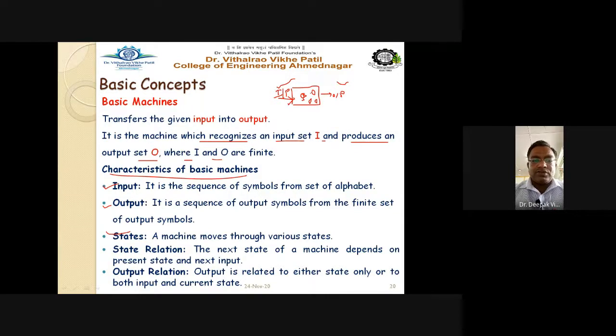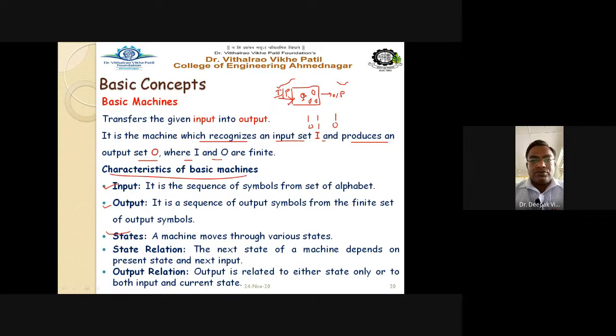Just like your logic gates: AND gate, OR gate, NAND gate. Say for example, to an AND gate you give input 1 1, you get output 1. You give input 0 1, you get output 0, if it is an AND gate.